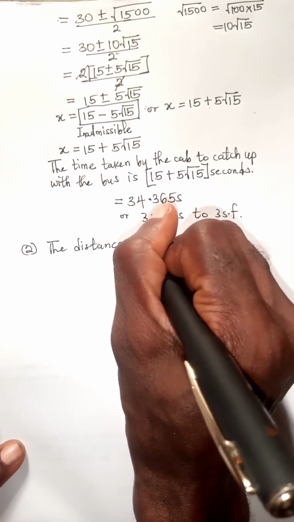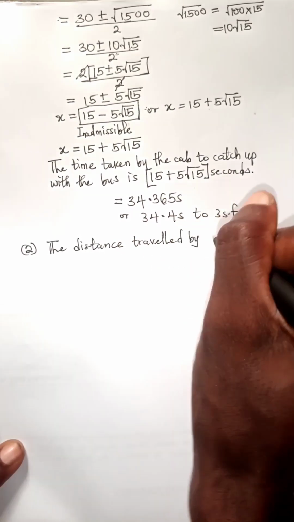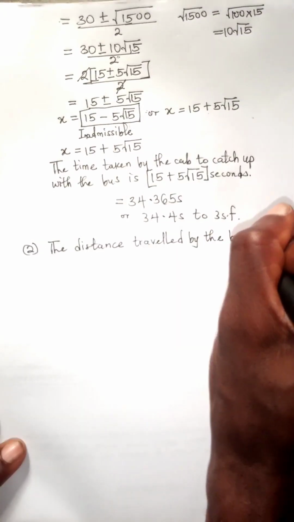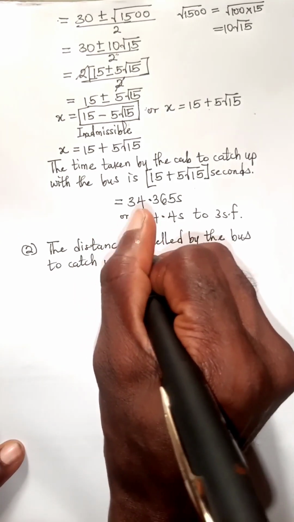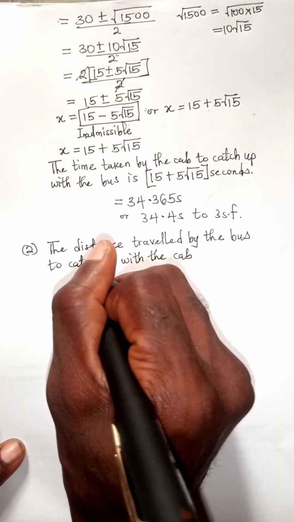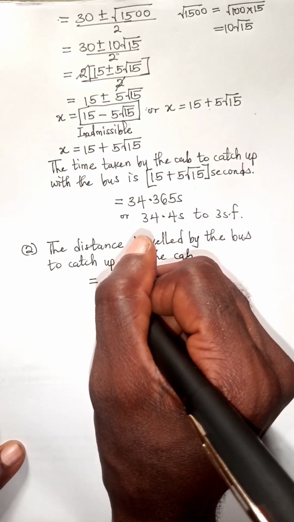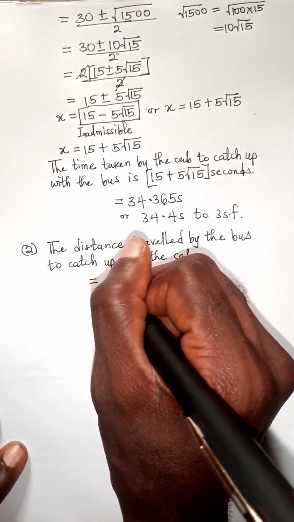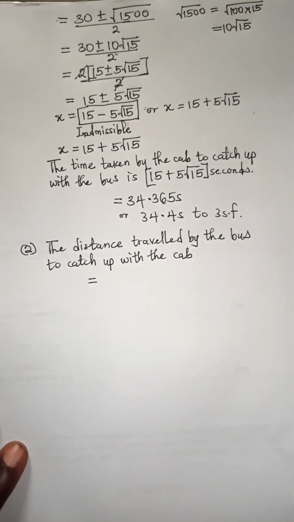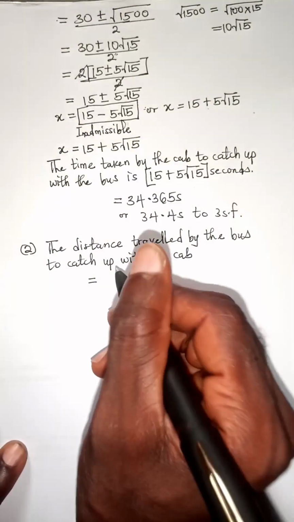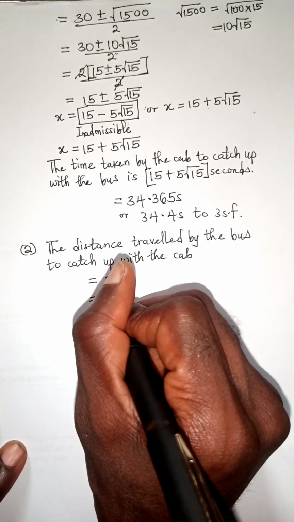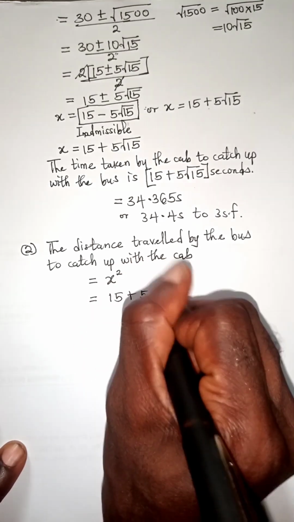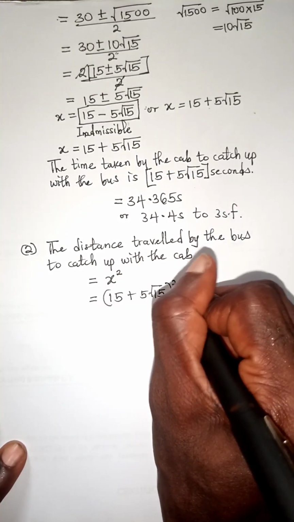So the distance traveled by the cab to catch up with the bus is, according to our previous calculations, 150 plus 30x, or we also got x squared. So any of the two will give us the same result. Now let's try to use x squared. That can be faster, which is starting with 15 plus 5 root 15 squared in meters.